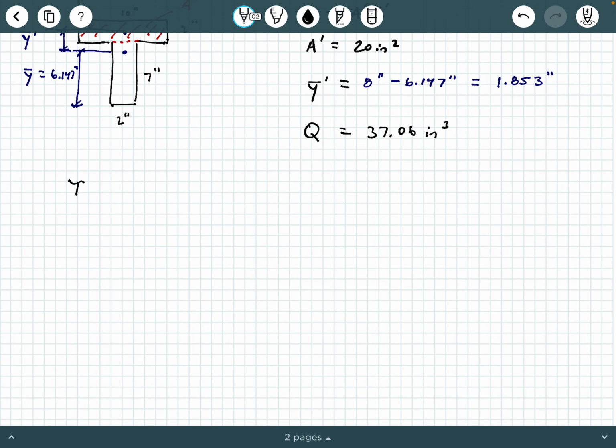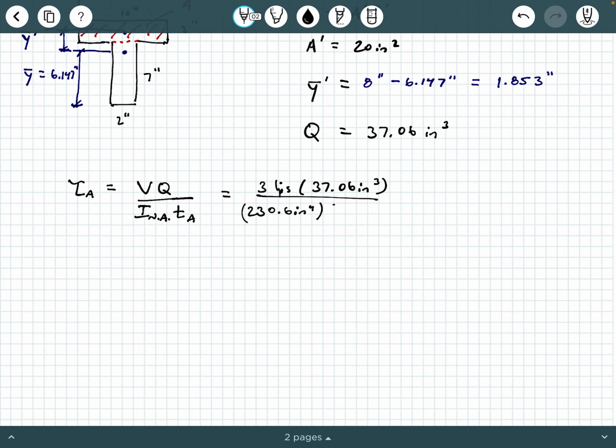We're going to say tau A is VQ over I about the neutral axis, T sub A. And so we say 3 kips times 37.06 inches cubed divided by 230.6 inches to the fourth times 10 inches.